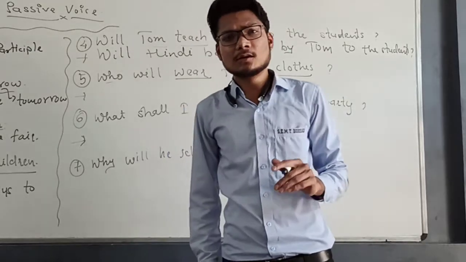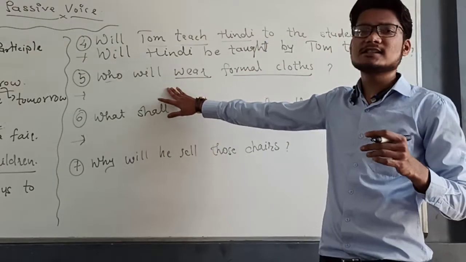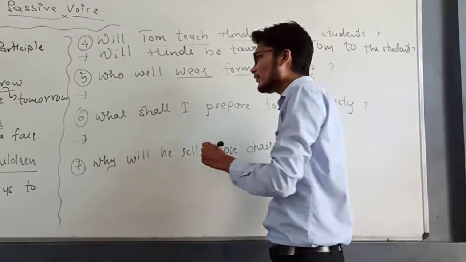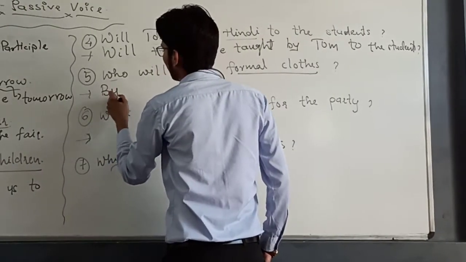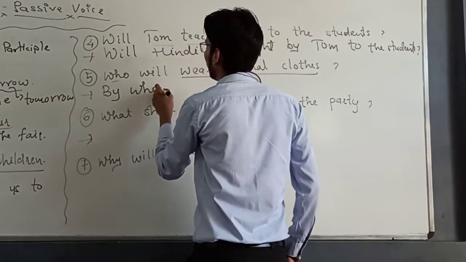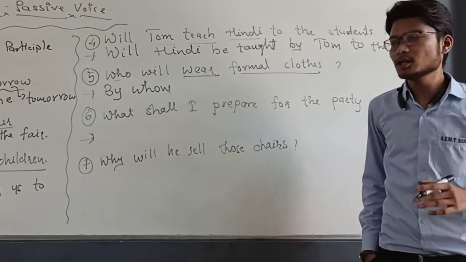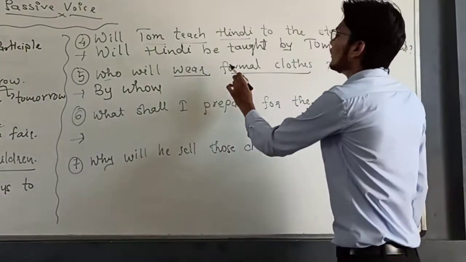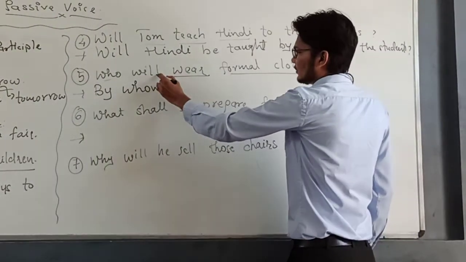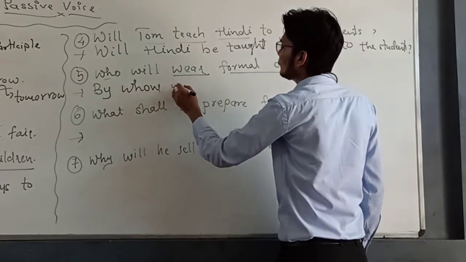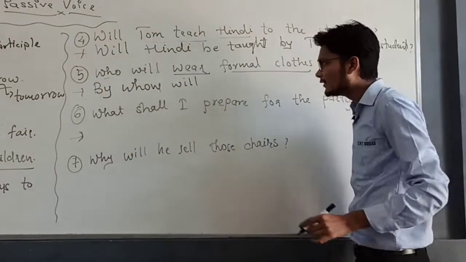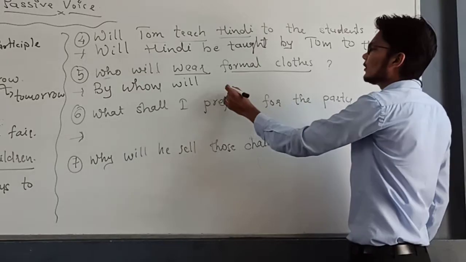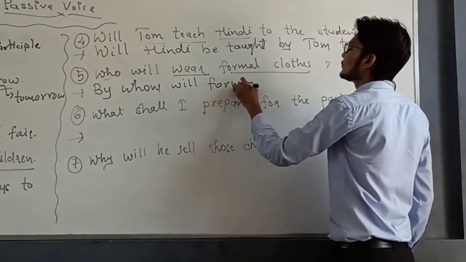So if your question is starting with "who", in the very beginning you have to put "by whom". Then, as it is interrogative, put "will": by whom will. Then put your object, formal clothes.